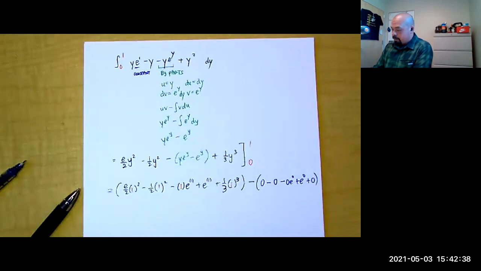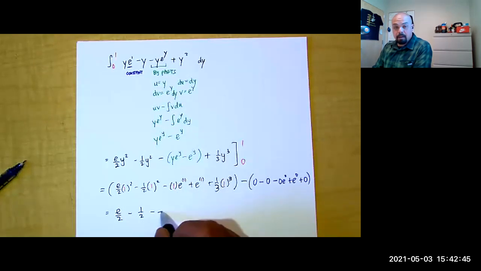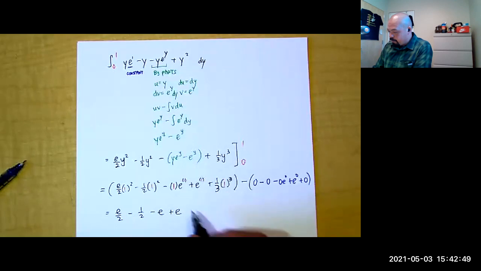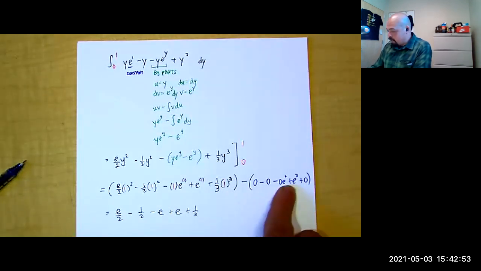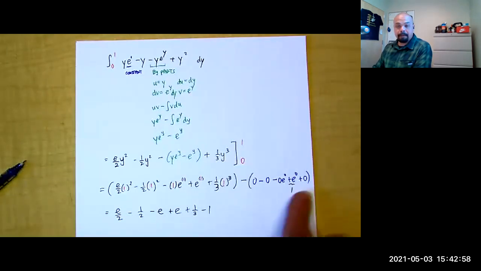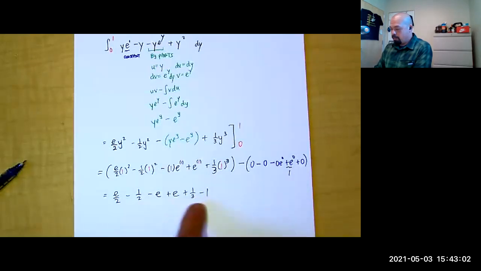And so finishing this out, e over 2 minus a half minus e plus e to the first plus 1/3, minus 0, 0. This one's a minus 1 plus 0. Computing here.